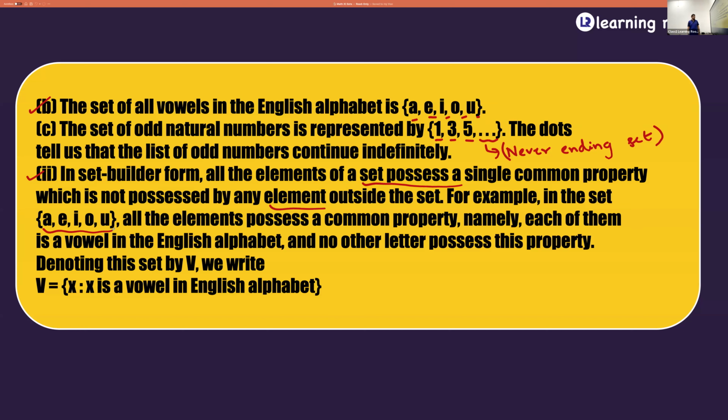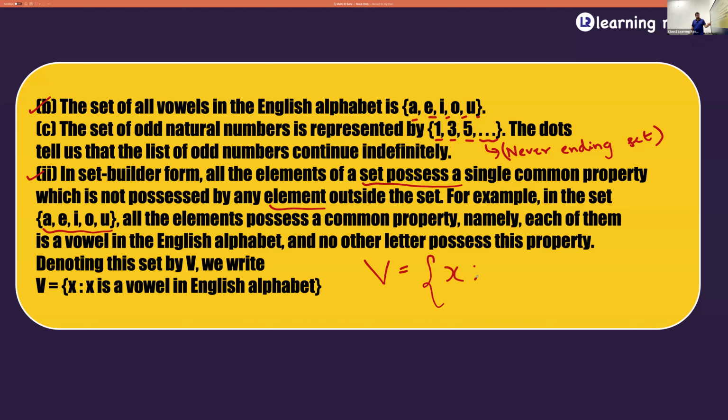They form vowels, right? So you first give a name to the set, is equal to, you open a bracket, then you assign a variable to all the elements, say x. Then you put a colon like this.